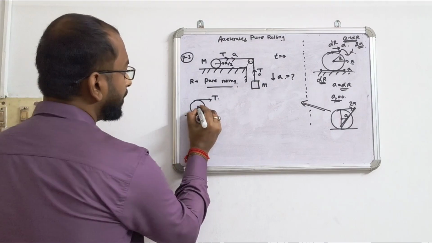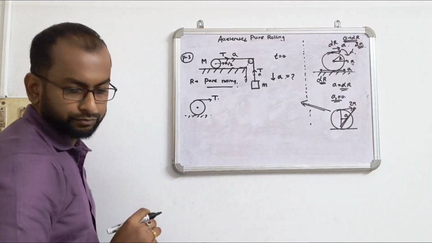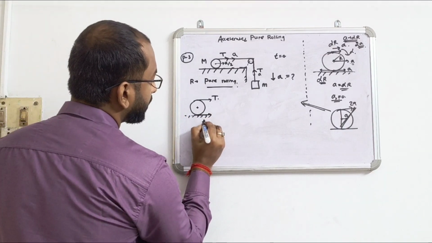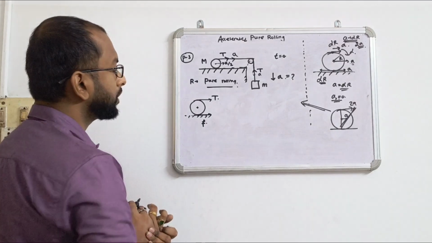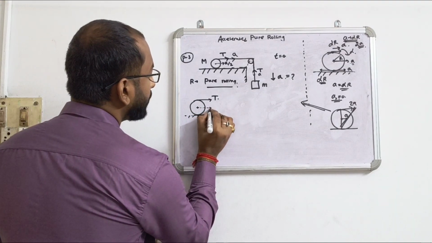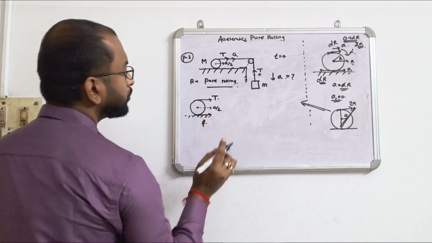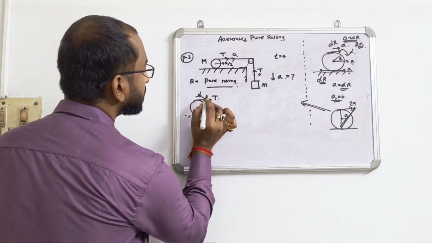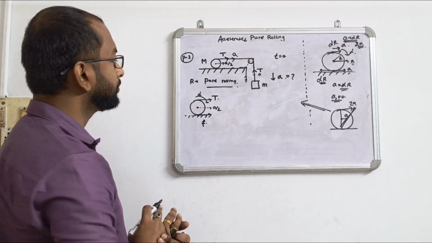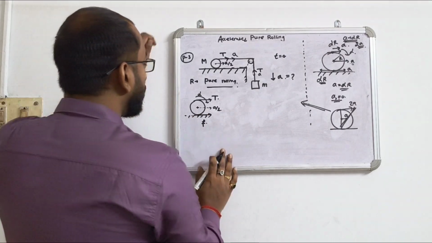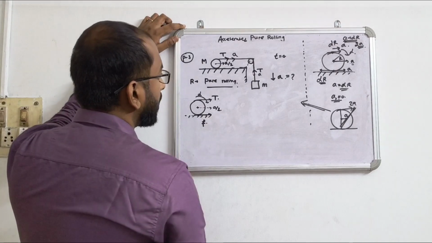So we'll just draw the free body diagram for this body. Of course, friction, we saw that it is acting in the forward direction, let's say F. The center is moving with A by 2. It is also having one angular acceleration.